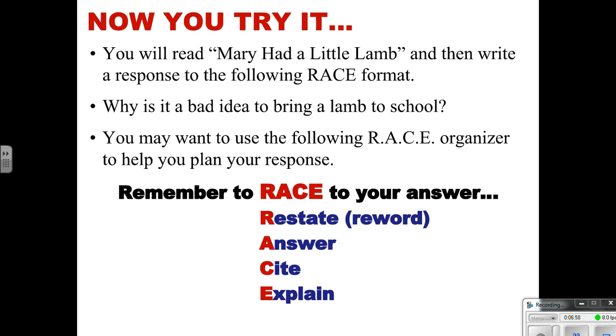At the top of your page, I literally want you to write RACE. Bam. That's all I want you to do. Now remember, R stands for restate, A stands for answer, C stands for cite, E explain. Go ahead and write out what you want to say that represents each letter. Then you're going to construct an actual response in full written form.